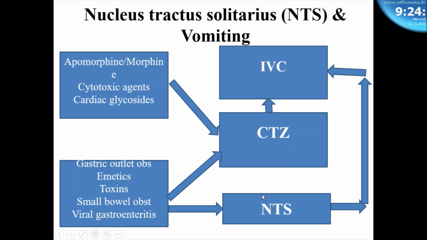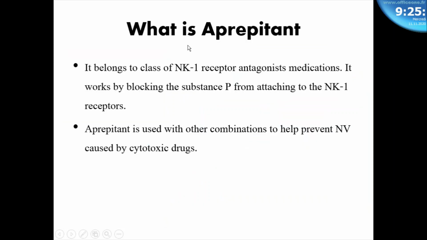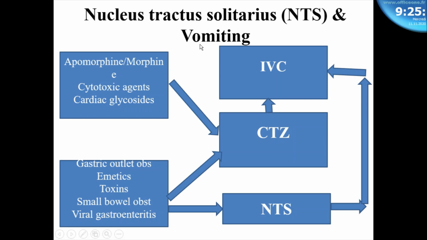There is also what we call GIT pathologies. Those GIT pathologies, such as gastric outlet obstruction, emetics such as ipecac, toxins, small bowel obstruction, viral gastroenteritis, stimulate both chemoreceptor trigger zone and nucleus tractus solitarius.